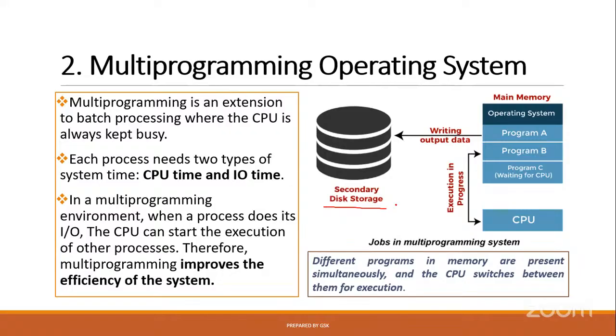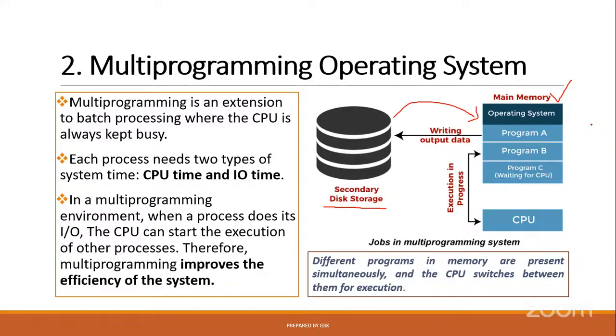If you store your data, that will be available at any point of time because that is a permanent memory. And whenever you want to execute any program, the relevant files must be transferred from secondary storage to main memory. Main memory is nothing but RAM, that is primary memory or main memory.